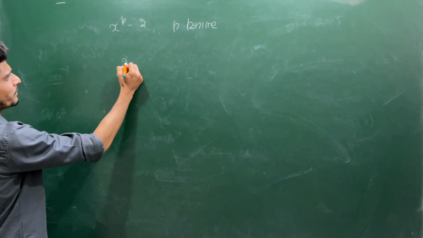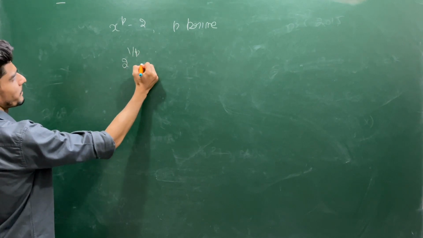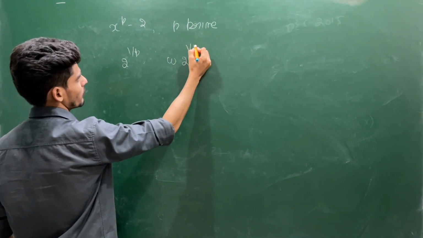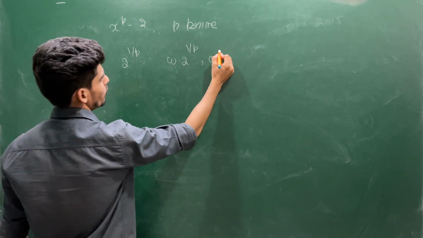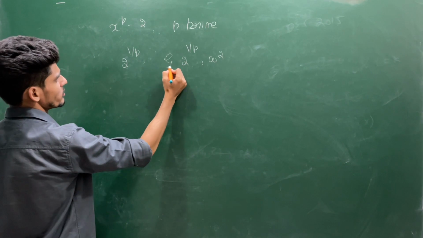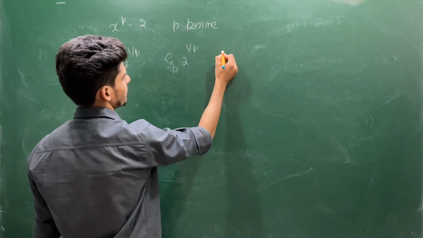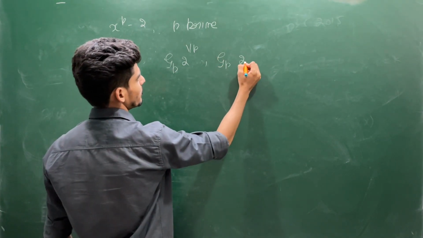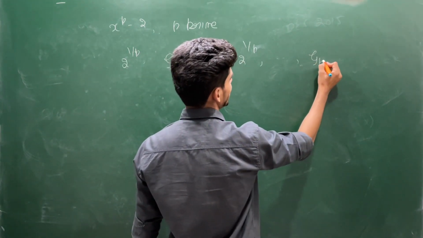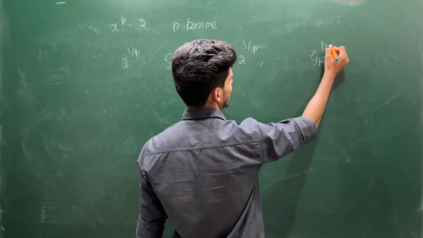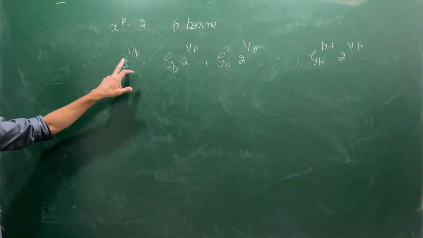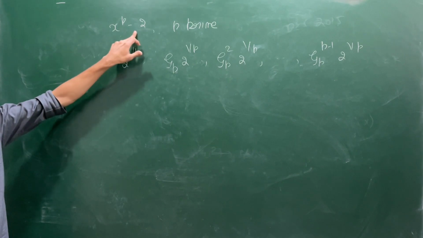Clearly the roots will be 2 to the power 1 by p, omega times 2 to the power 1 by p, or rather than writing omega, let me use zeta p: zeta p square times 2 to the power 1 by p, up to zeta p to the power p minus 1 times 2 to the power 1 by p. You can easily observe these are precisely the p roots of this equation.